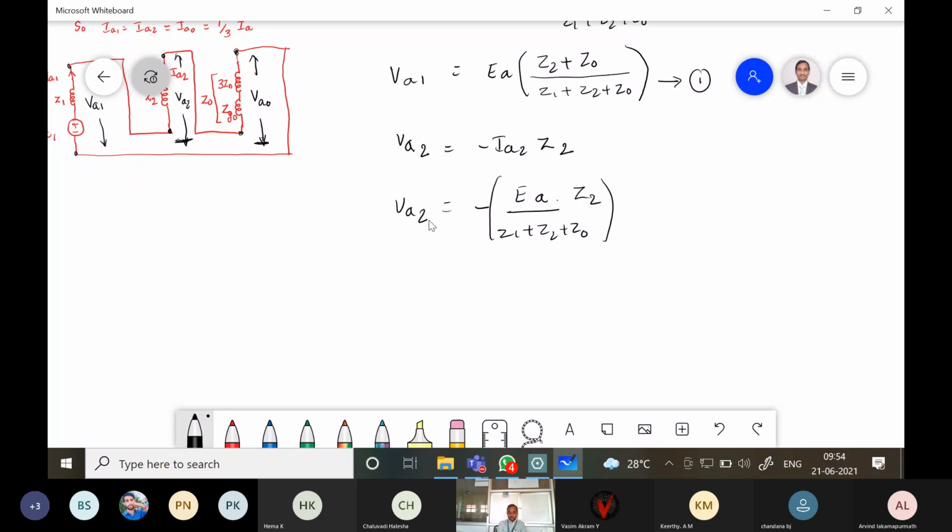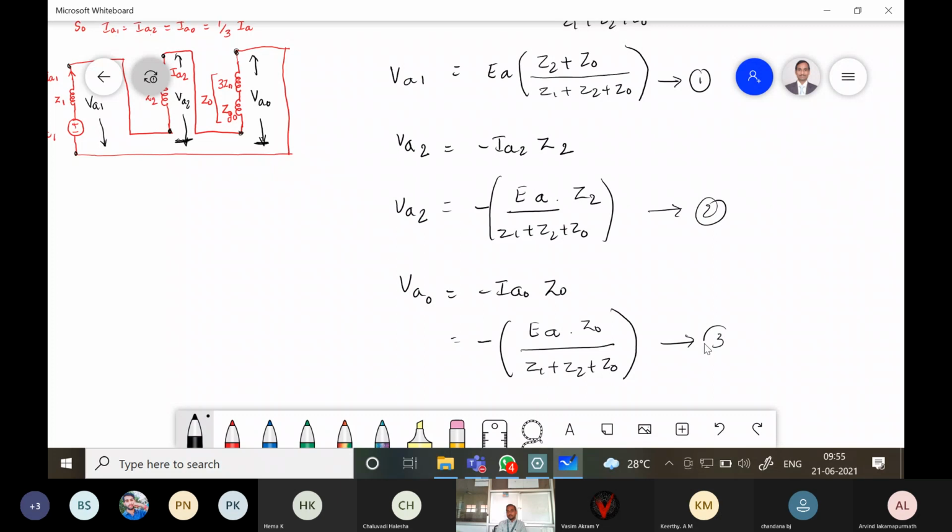This is equal to VA2. And VA0 is equal to minus IA0 into Z0, so write minus as it is, the same EA multiplied by Z0 divided by Z1 plus Z2 plus Z0. This is equation number 3.